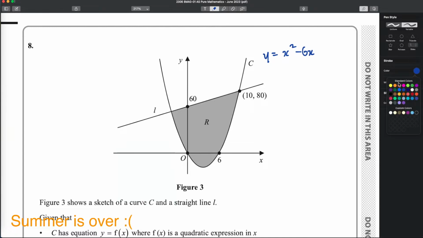This is not correct. So why am I not remembering how to find the equation of a quadratic from its graph?